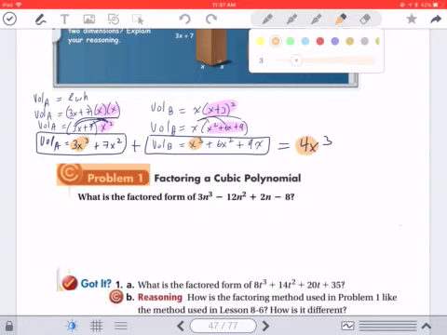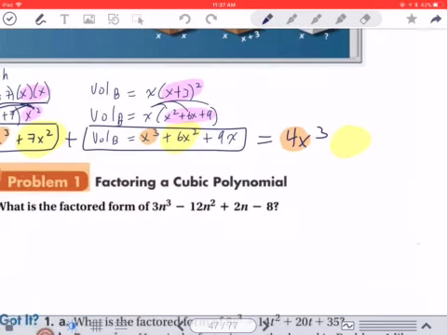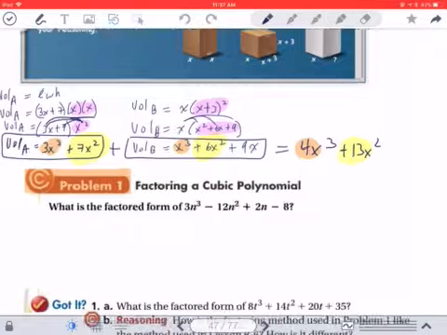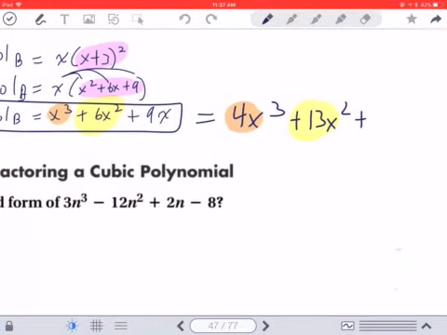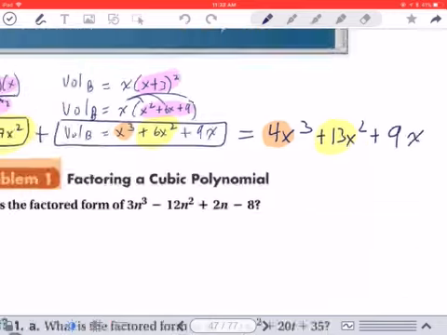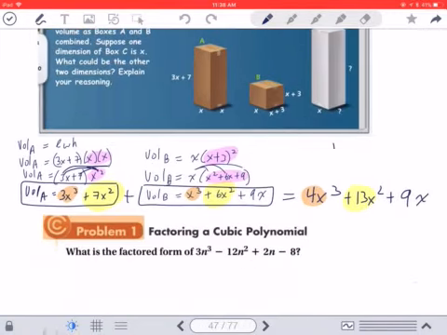And then I have 7x squared plus 6x squared, which is 13x squared. And then over here I have plus 9x. Okay, and it says volume C is going to equal this.